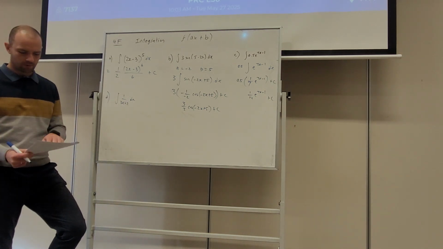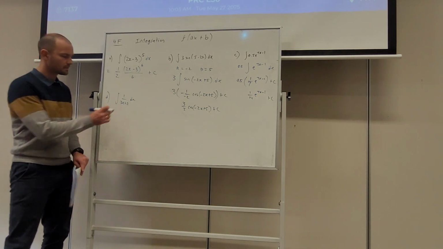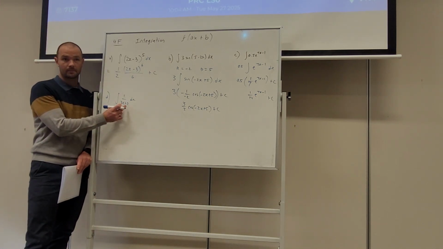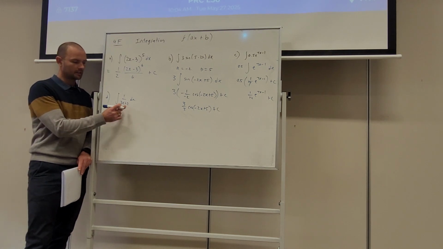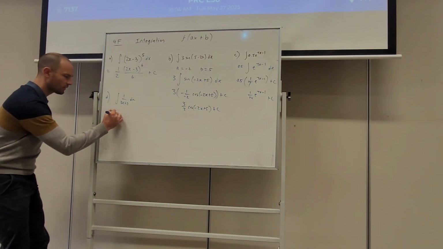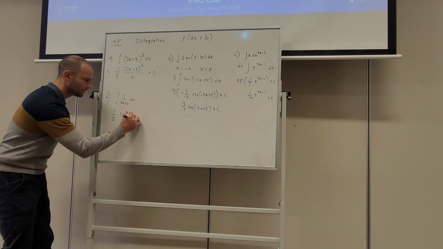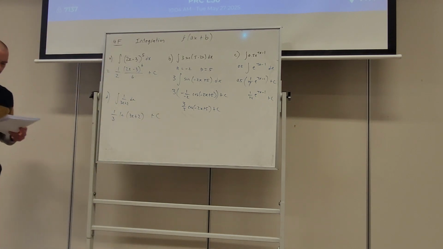The integral of 1 on ax plus b is 1 on a ln of ax plus b, provided this part is positive. It can't equal 0 because then you have an asymptote, and it can't be less than 0 because ln of a number less than 0 doesn't exist. So this just goes to 1 on top of a, ln of ax plus b, and then plus our c.